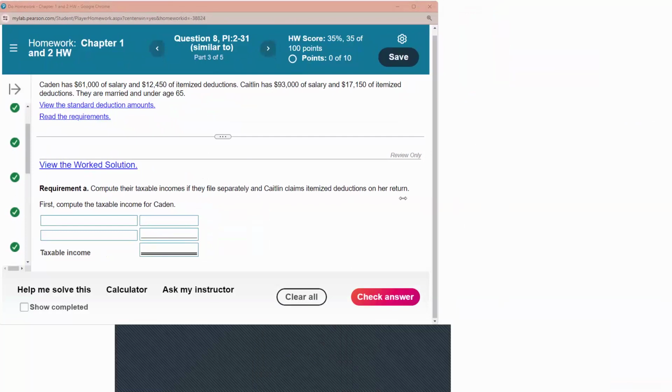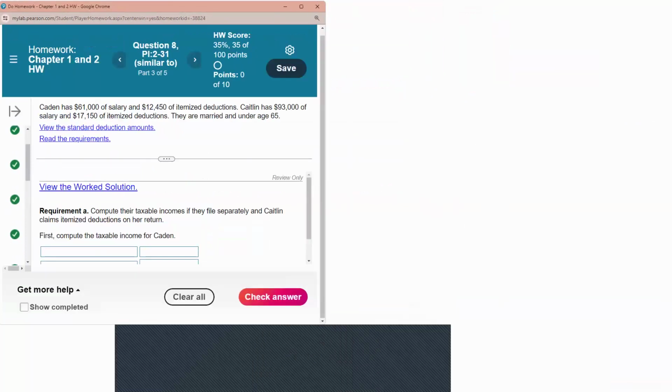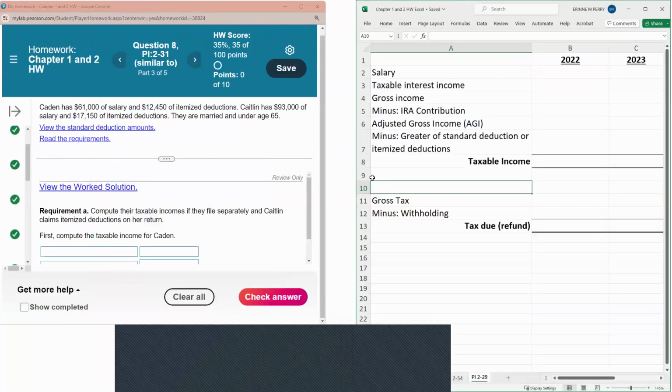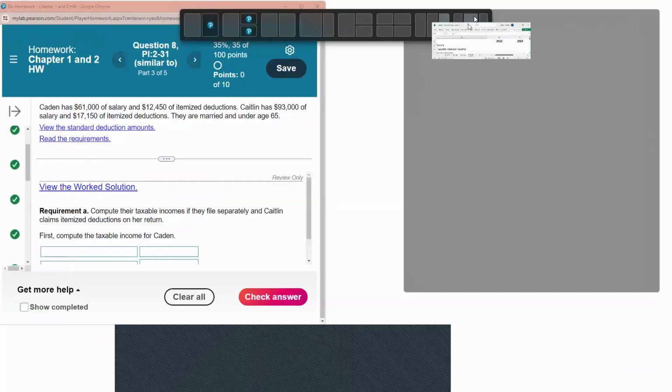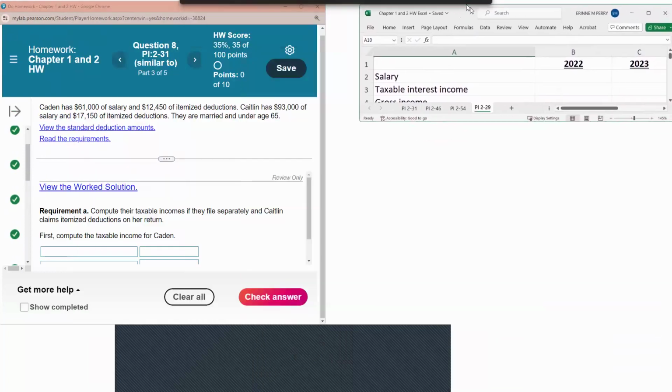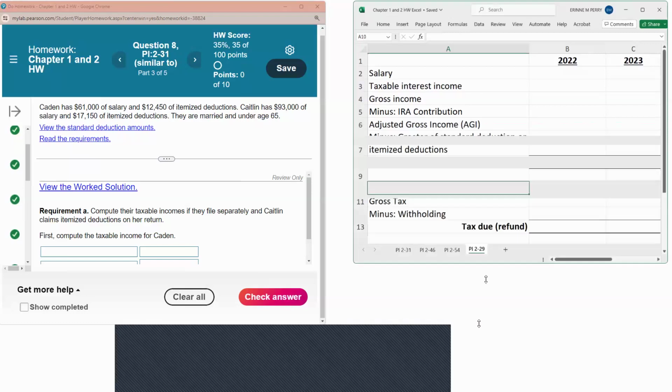So we're going to get an Excel spreadsheet, and as we go through the information, we're going to use both the 2023 and the 2022 tax year so we can get a greater understanding.